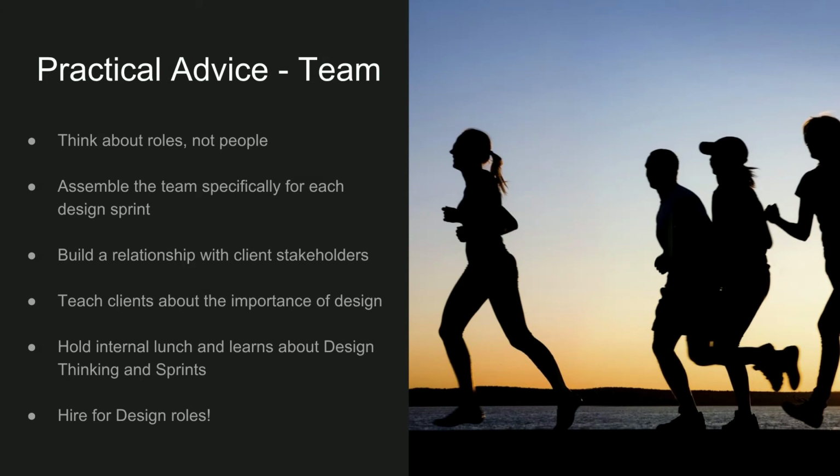Think about who's going to be the best person to speak from a design perspective. Think about, there is an engineering role as well to be played. And then you just fill those roles as you go for each one of the different design sprints that you are undertaking. So it adds another layer to the planning challenge, but that's how you address it. You think about the roles, not about the specific people.